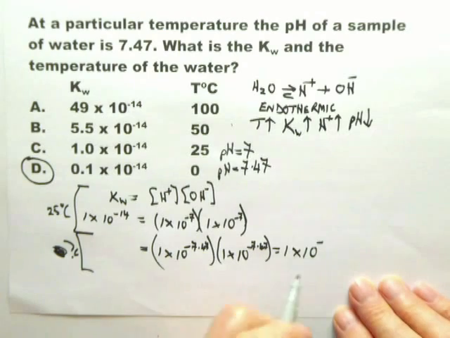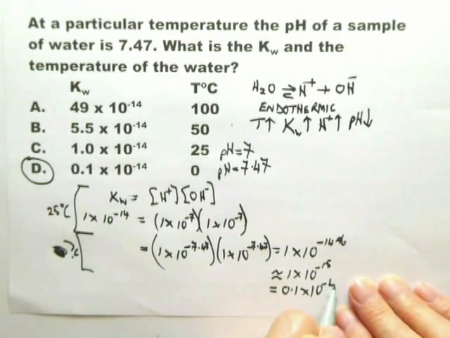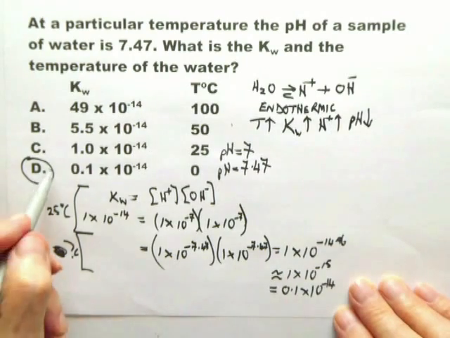It comes to 14.96, which is more or less 1 times 10 to the minus 15, which equals 0.1 times 10 to the minus 14, which is the same as that.